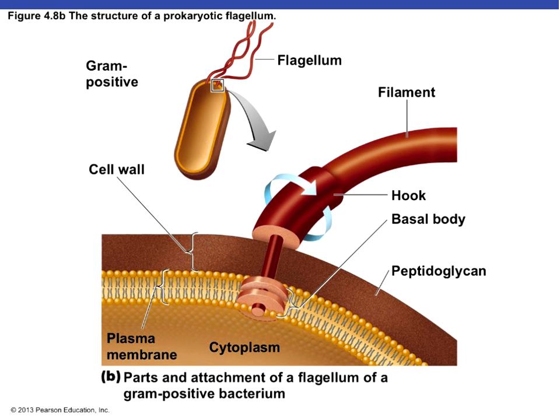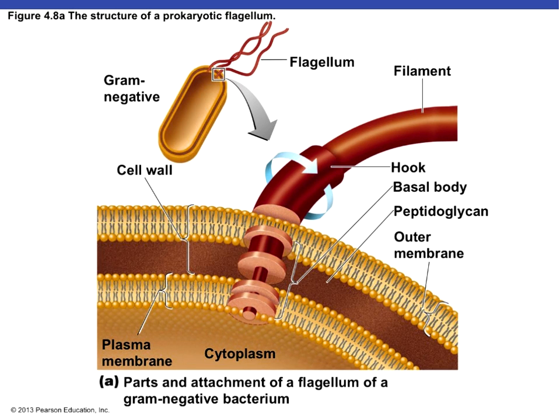So here was our gram-positive, 2 rings, and gram-negative. So there's 1, 2, 3, and 4. So much more complex configuration.